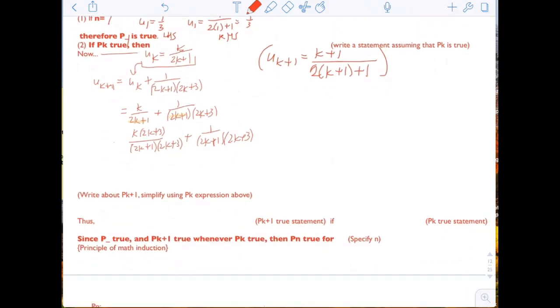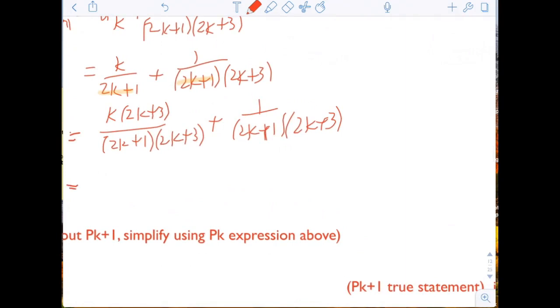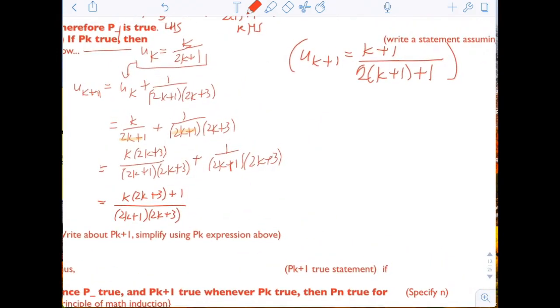Now we can add the numerators: k times 2k plus 3 plus 1, divided by our common denominator. Remember that we're trying to get to here.